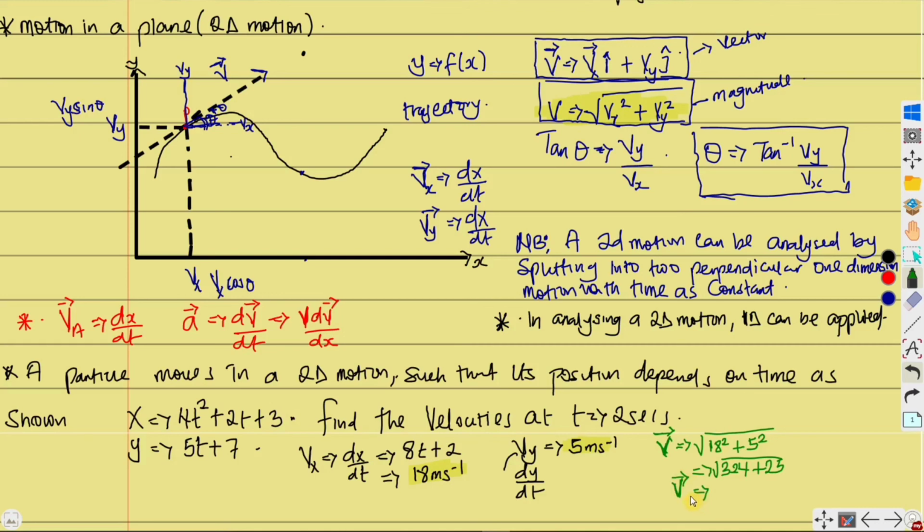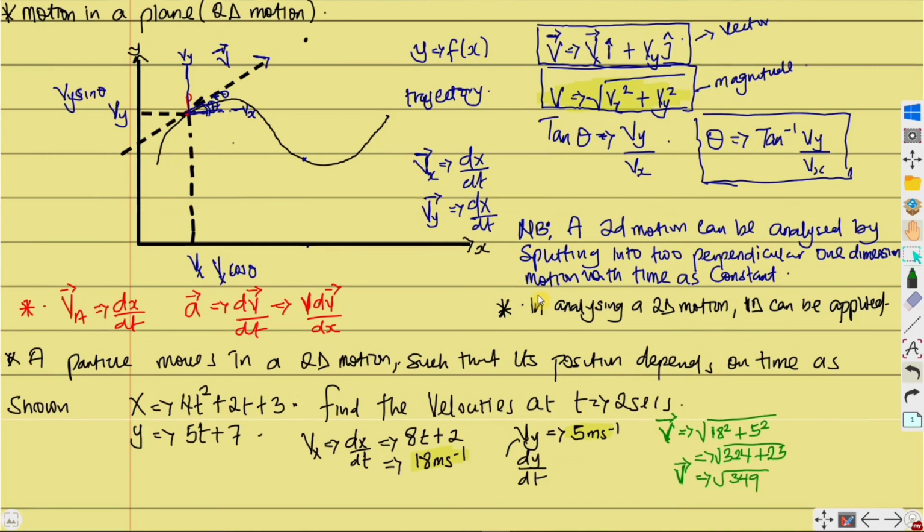You can do that with a calculator, it's allowed. The square root of 349 is the answer to this question. If you punch your calculator, you are going to have the answer equal to 18.68 meters per second, which is the direct solution to the question.